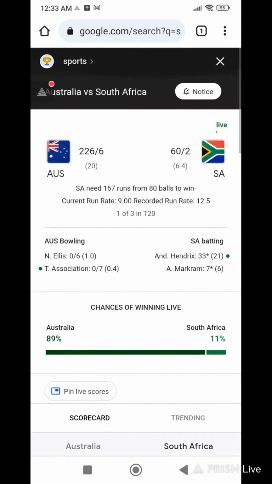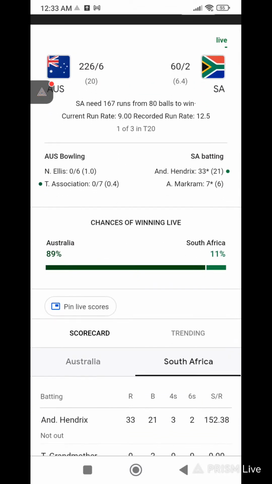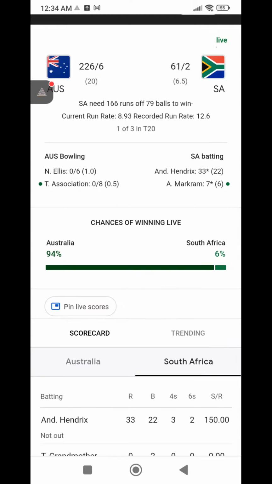Still at 6.4 overs. 60 for the loss of 2 wickets in 6.4 overs. South Africa need 167 runs off 79 balls.